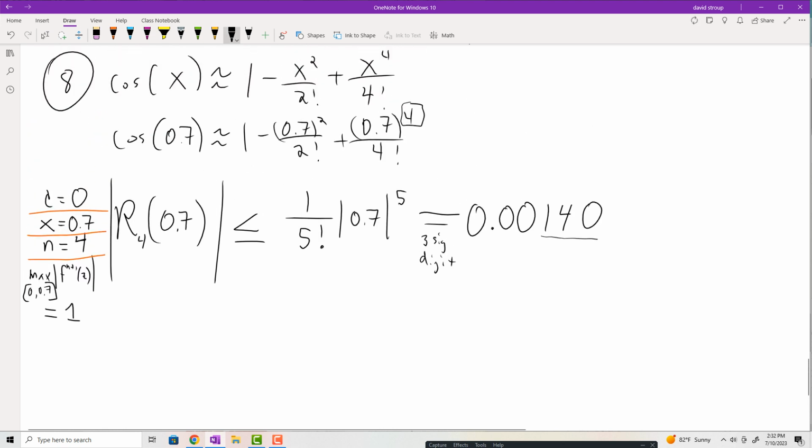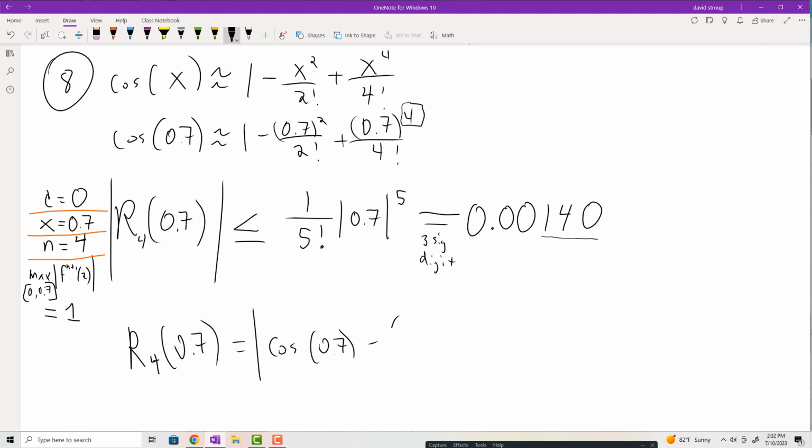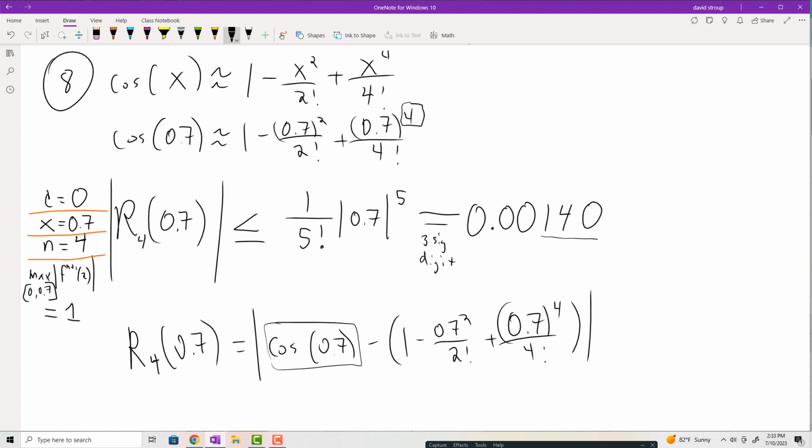We now want to figure out what exactly is R sub 4 of 0.7. Okay, and I'm going to put this in absolute values and make sure it's positive. I have cosine of 0.7 minus 1 minus 0.7 squared all over 2 factorial plus 0.7 to the 4th all over 4 factorial. And I'm actually going to use my calculator to figure these out.